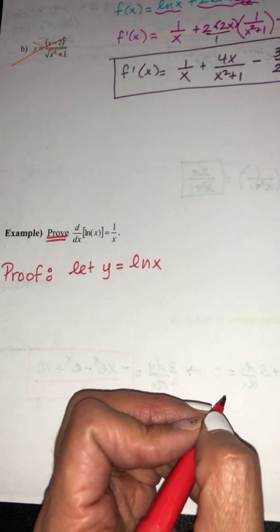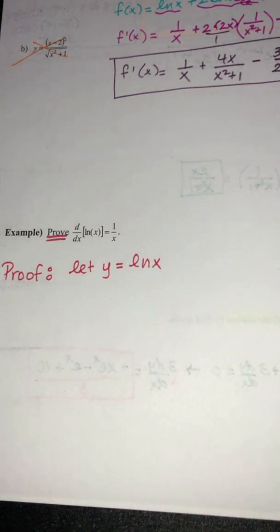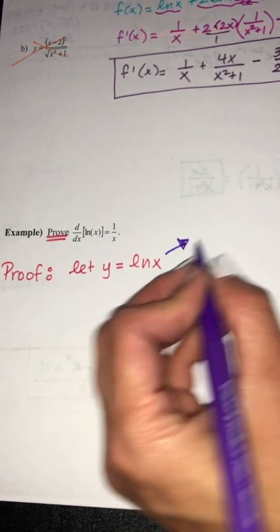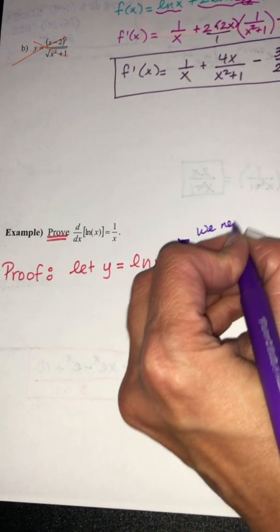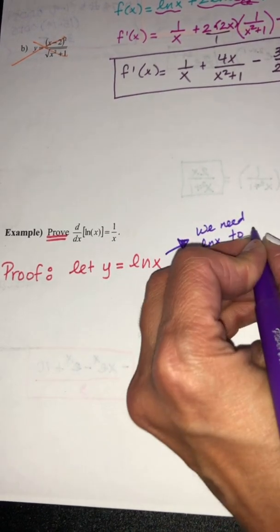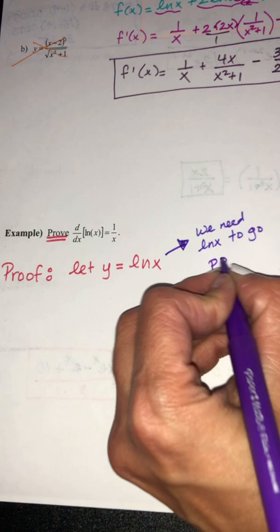Okay, so what we need to happen is the natural log obviously has to go away because eventually it's going to equal a 1 over x. So we need this to go bye-bye. We need the natural log of x to go poof.